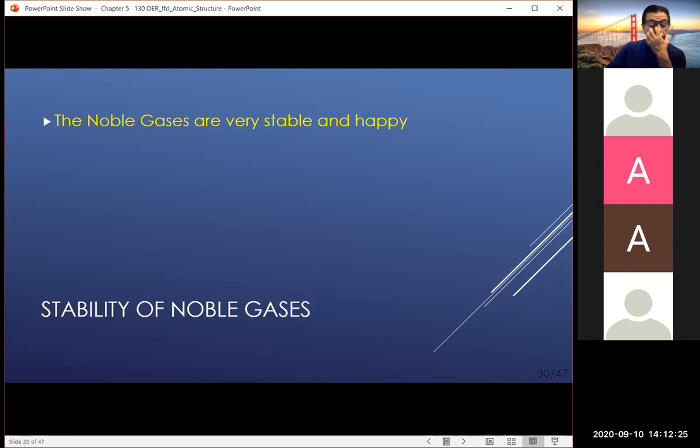Okay, so we talk about noble gases in group 8. That's the last column on the far right of the periodic table. They are very stable and happy, whatever happy means, but I prefer the word inert and unreactive, okay? And they are because all the orbits are full.